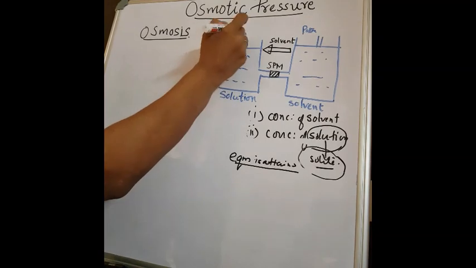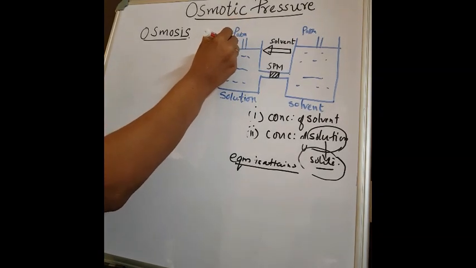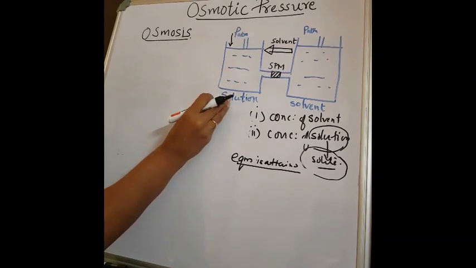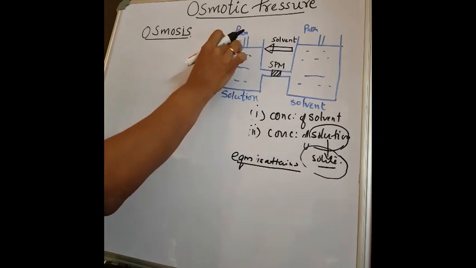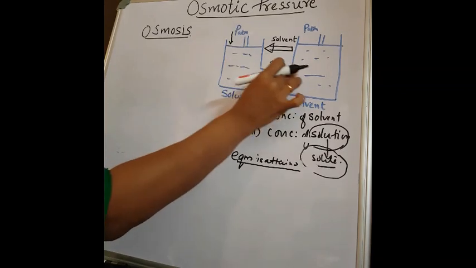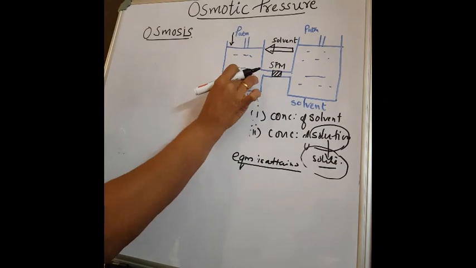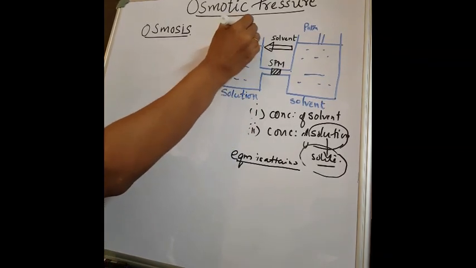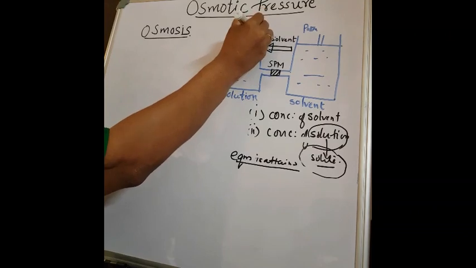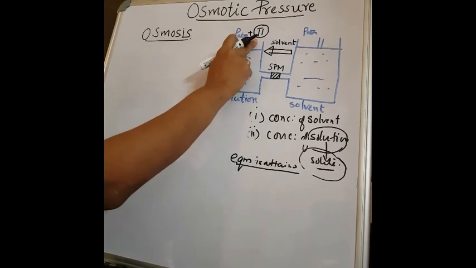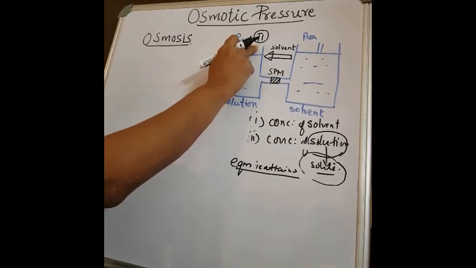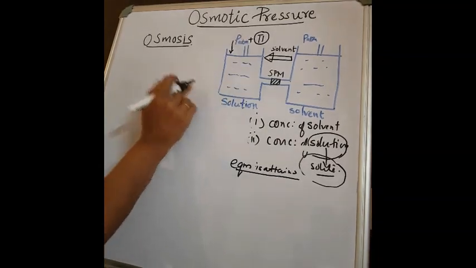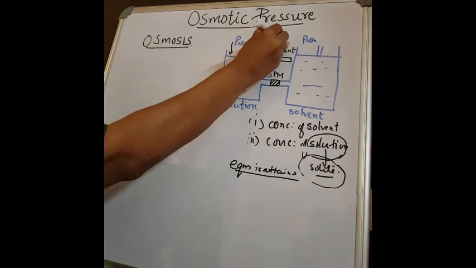If we apply an excess or extra pressure on the solution side in order to prevent the flow of solvent molecules into the solution side, or in one word to prevent osmosis, that extra pressure, if I note it as pi, gives P atmosphere plus pi. This pi is the extra pressure which we apply on the solution side in order to stop the osmosis. That pressure is called what? Osmotic pressure.